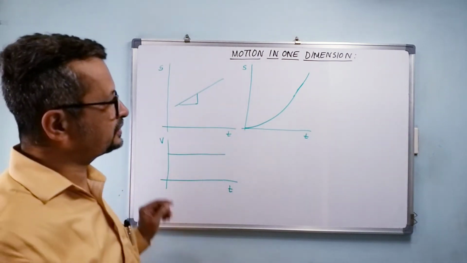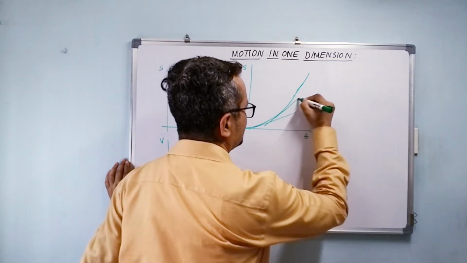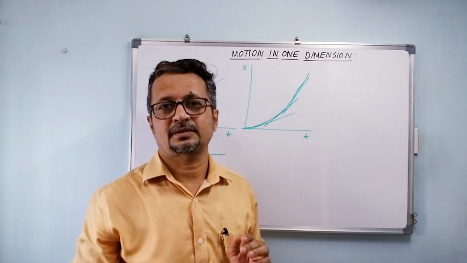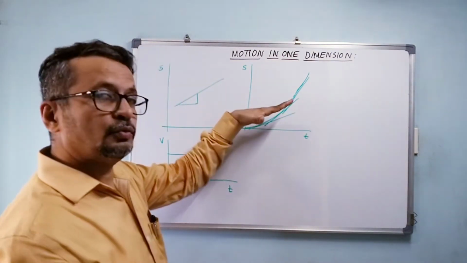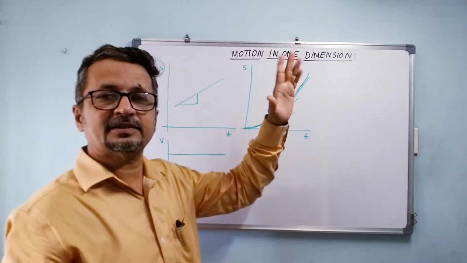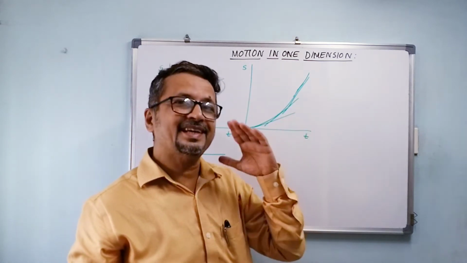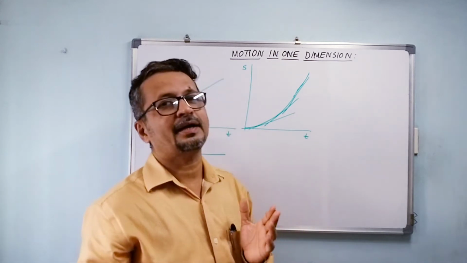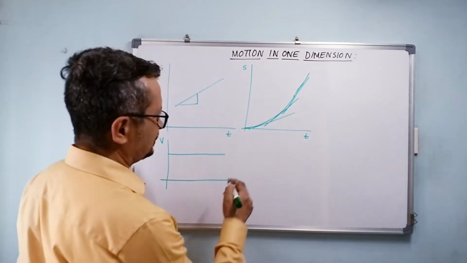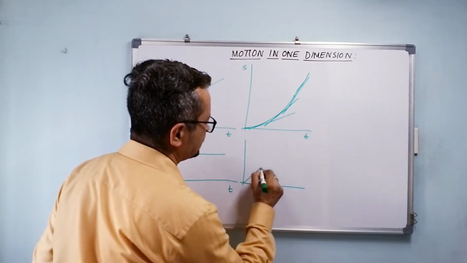But now here, if you see, the gradient here and here and here goes on increasing. Here it is more towards the time axis. Now it goes away and away from the time axis. That means the gradient of my displacement time graph is increasing, which means my velocity is increasing. So my velocity time graph would be like this.